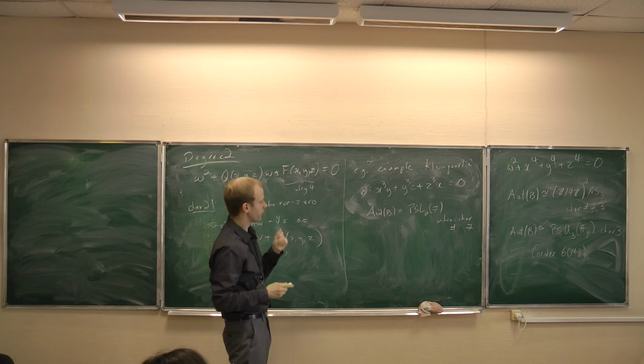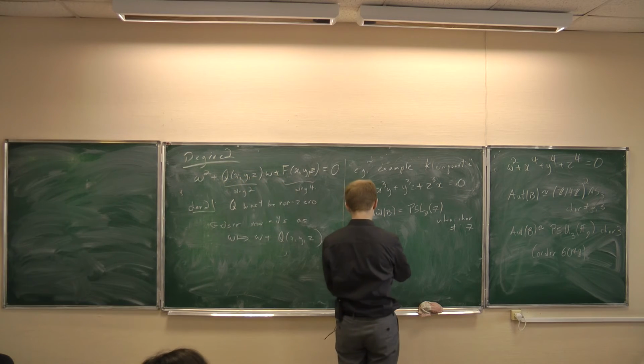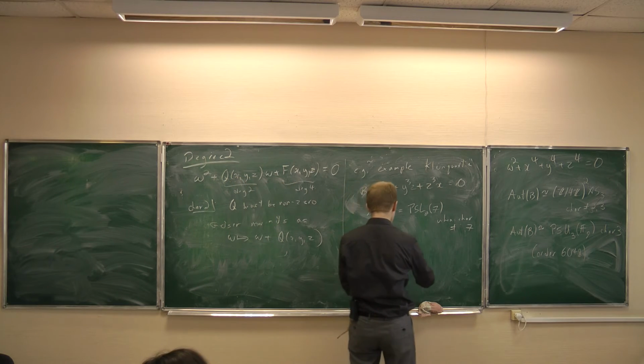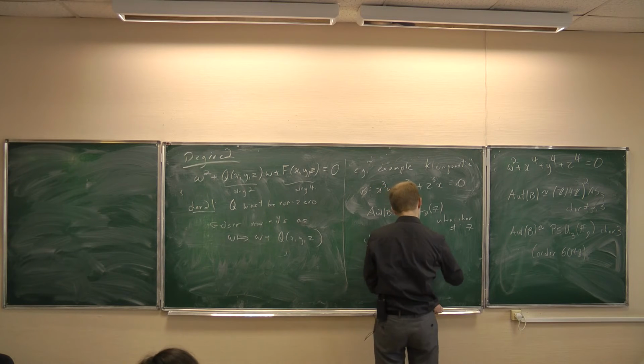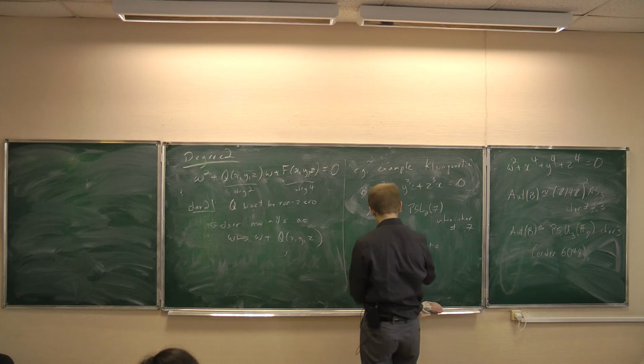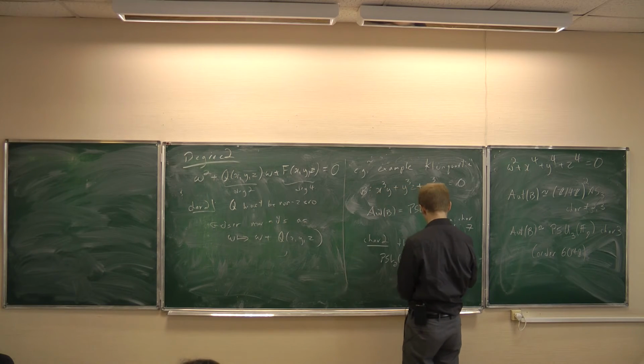But here's the problem. In characteristic 2, there's no PSL(2,7)-invariant quadric.